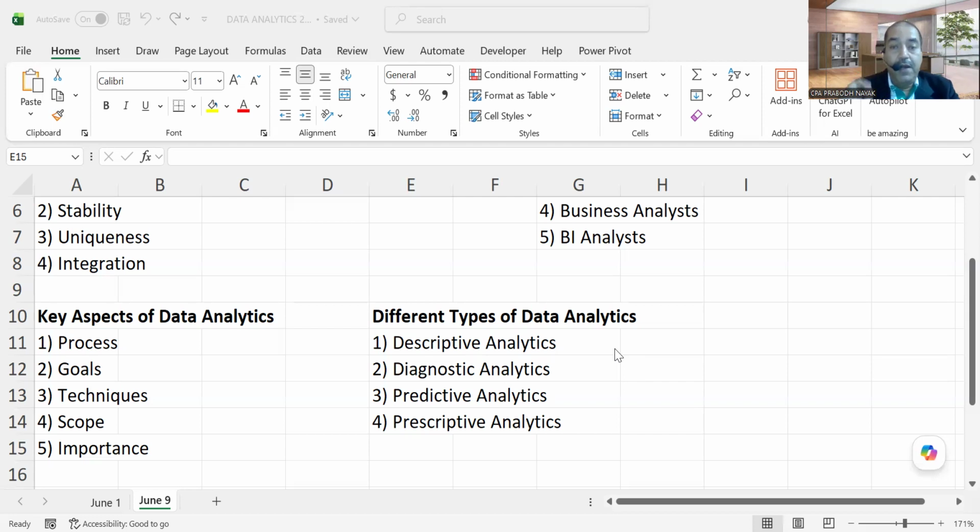Okay, why did this happen? So diagnosis is finding out the meaning. It takes the insights from the descriptive analytics. What happened? Now we are trying to find out why did it happen? The cause of that outcome.